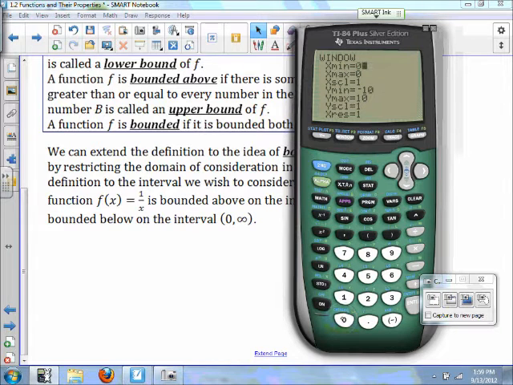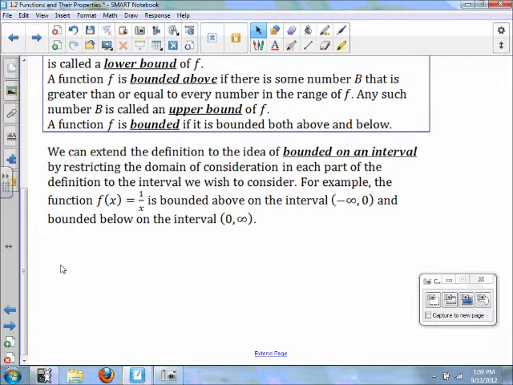Now, if we restrict it to go to positive infinity, there's going to be a boundary line below the graph. Therefore, it is bounded below. So you have to be careful. You can see bounded on an interval.